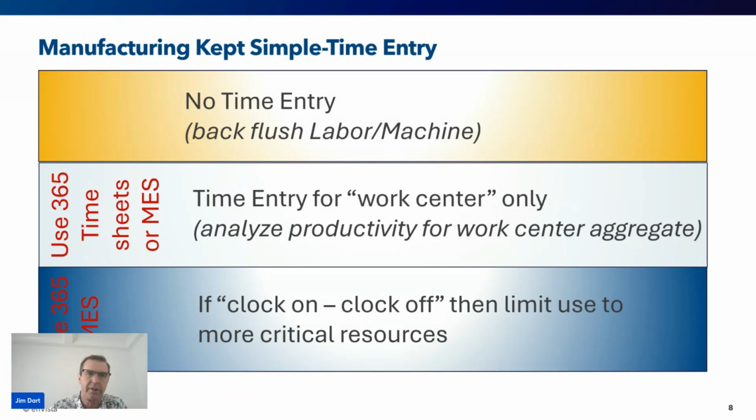So if you have a particular manufacturing line that requires 3 or 4 or 5 folks to work on the line, to run it through a production order from beginning to end, then just have the team lead clock on and clock off of those jobs for everyone across the production order.